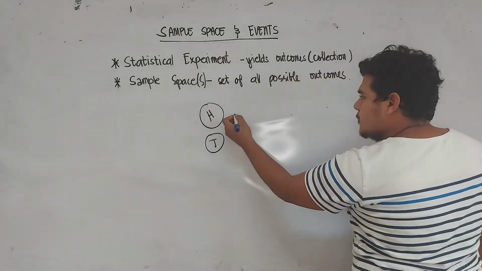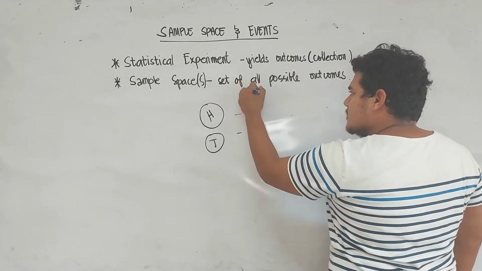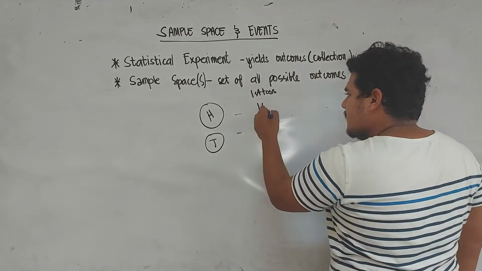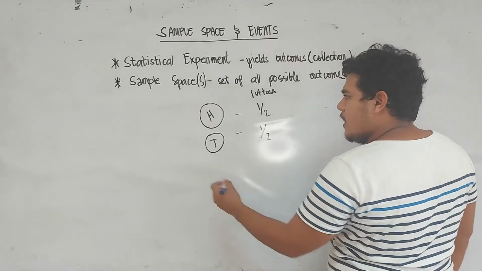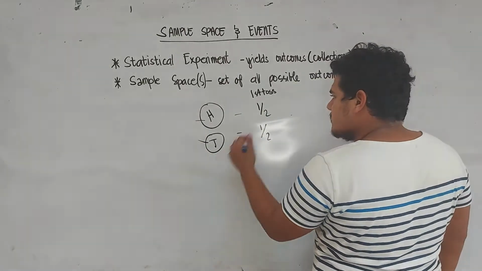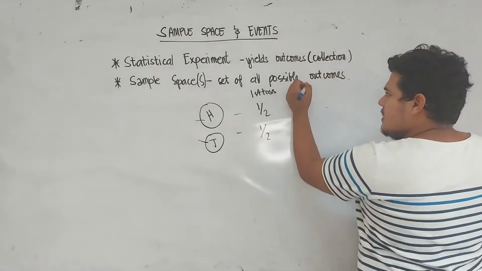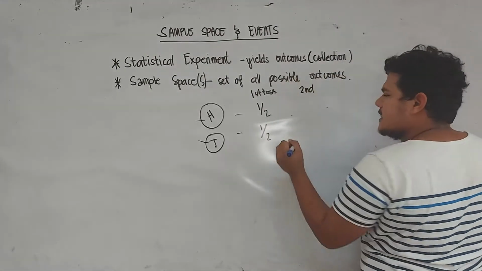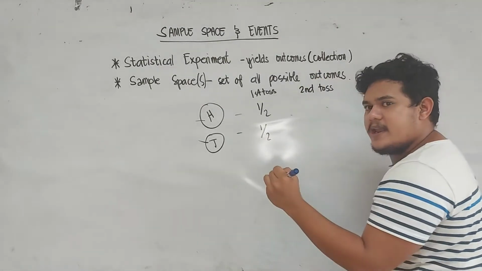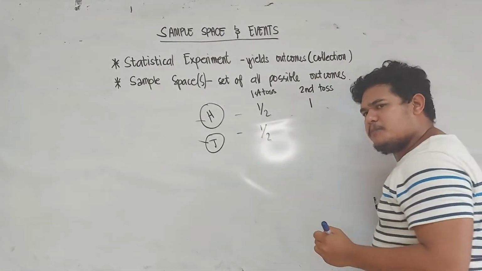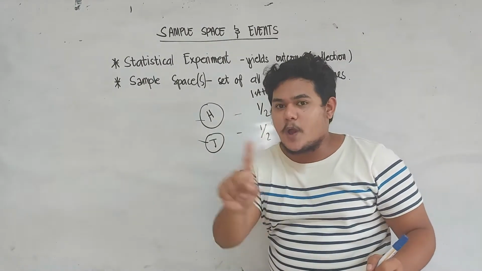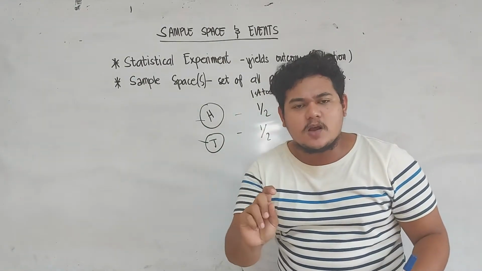So how many outcomes do we have? In the first toss, what is the probability of getting a head? 1/2, either a head or a tail. In the second toss, what is the probability of getting a head? How many heads does a coin have? One. How many sides does a coin have? Two.